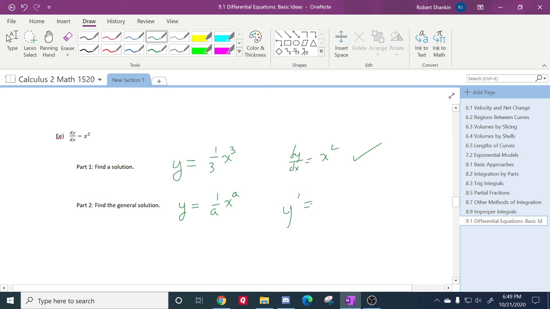The a's would cancel out, and you'd get x to the a minus 1. But that would only work if the a was 3. So no, we can't. It's a good idea to generalize it that way, but it won't do it. Anybody else have another idea? General solution.